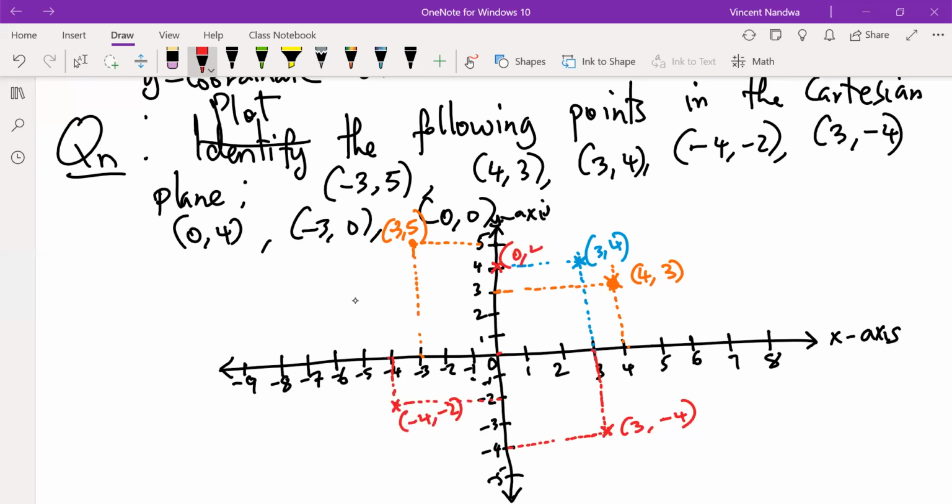So this is 0, 4. -3, 0: -3 along the x-axis, and then 0 on y is at the same point. So this is the point -3, 0. And lastly, 0, 0 is this point where the two axes meet.